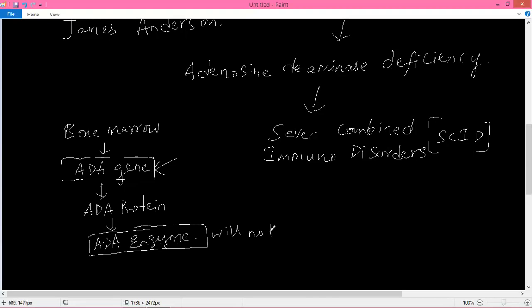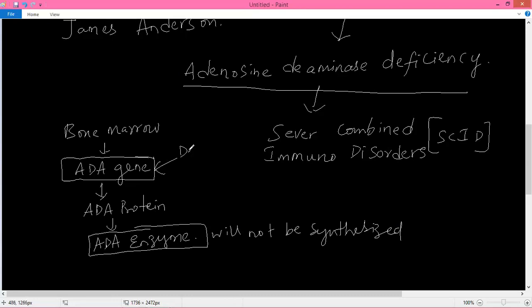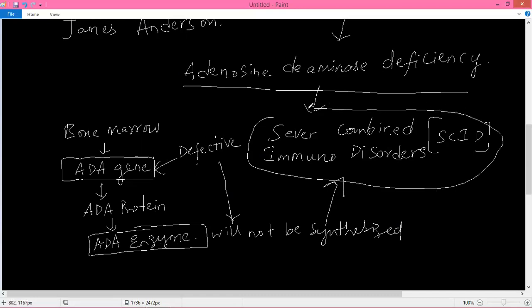So it leads to ADA deficiency. Why? Because this is a defective gene. If the ADA gene is defective, this ADA enzyme won't be synthesized, and it may lead to the disorder called severe combined immunodeficiency.